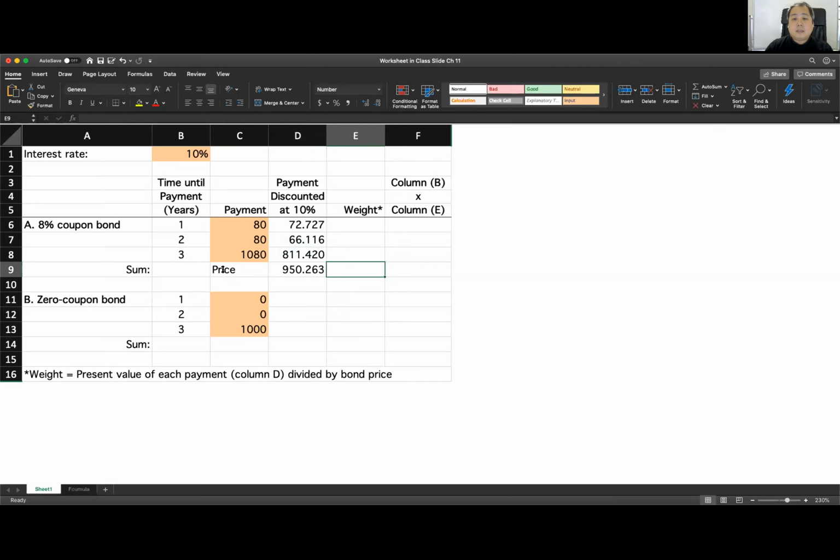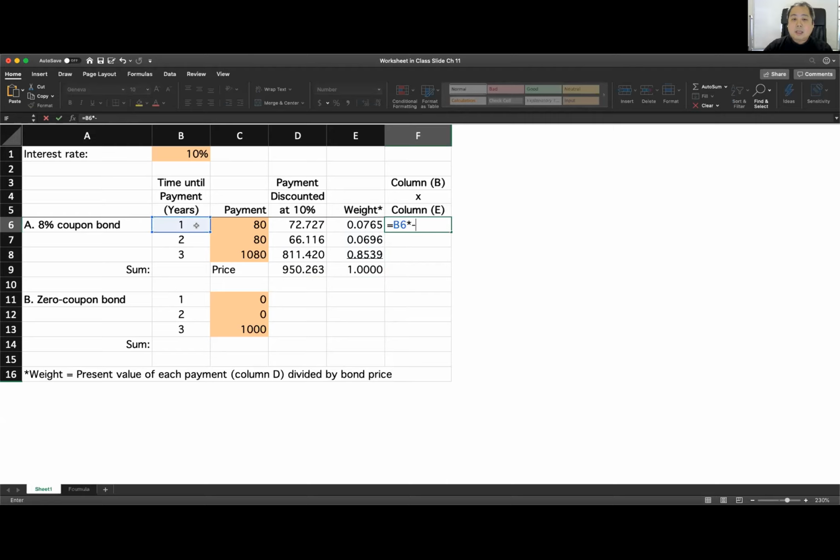Because we have the price, now we can calculate the weights. First, the present value of the cash flow divided by the price. The second one divided by the price, and the third one divided by the price. That's each weight, and if you add them up, you should have 1, right? Now the final part is we need to multiply by the time until payments.